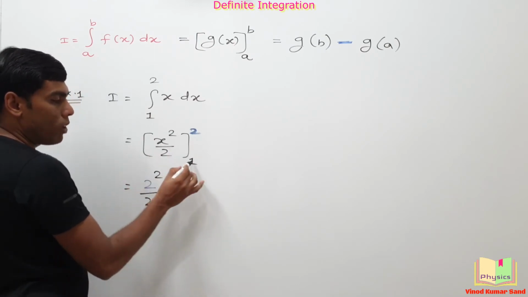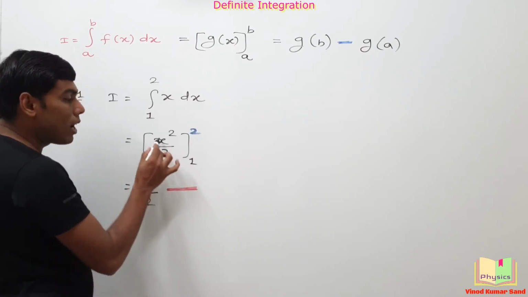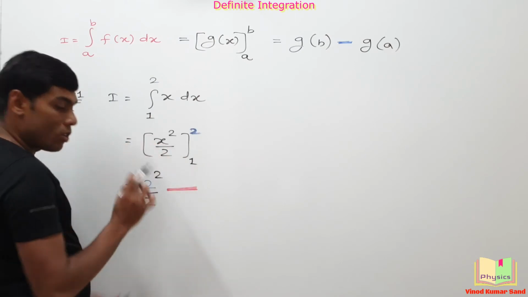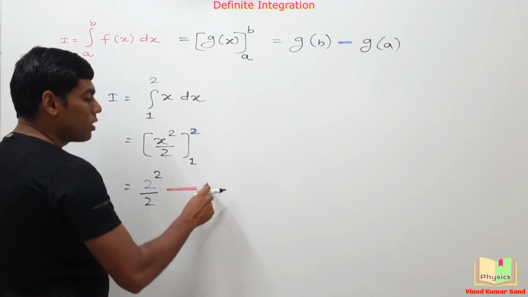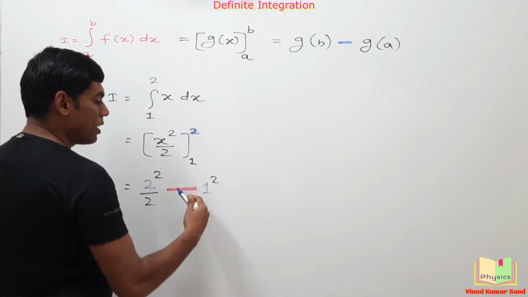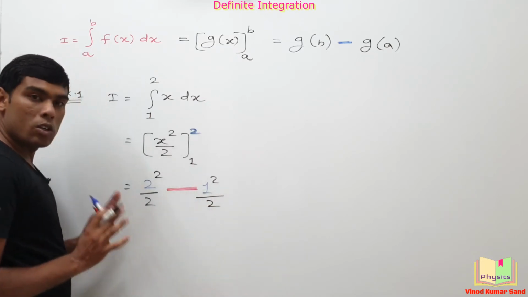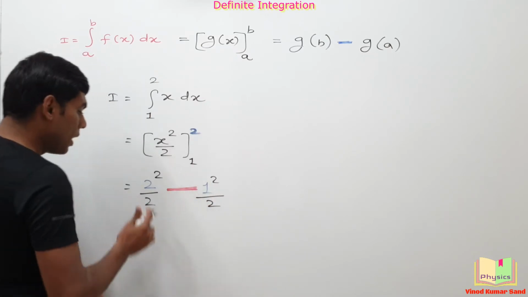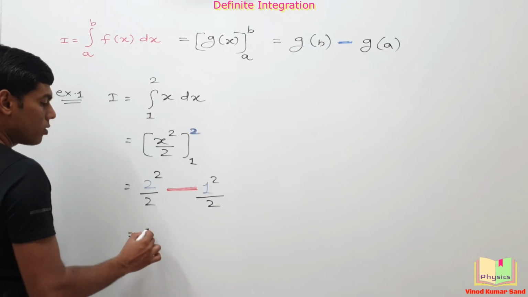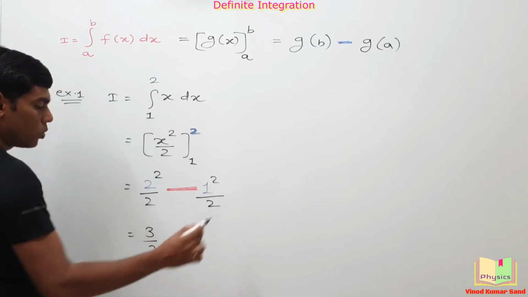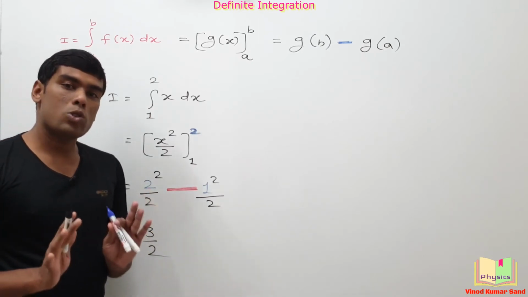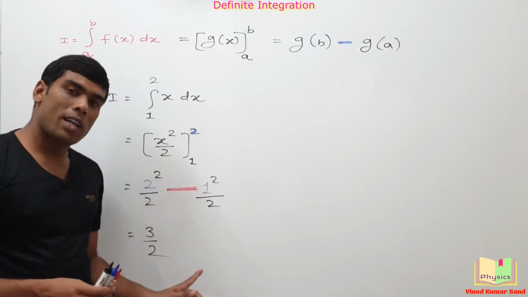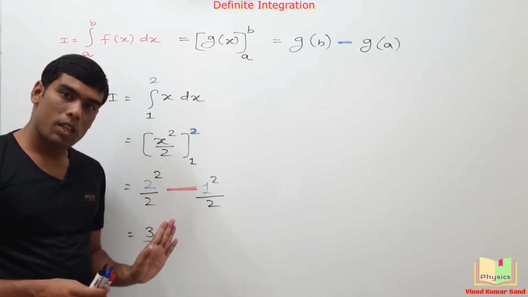Now at the place of x, you have to put the lower limit. The lower limit is 1, so it will become 1 square divided by 2. Do you agree? Okay. Final answer is 3 by 2. Here no constant will appear in the final answer. Getting it?